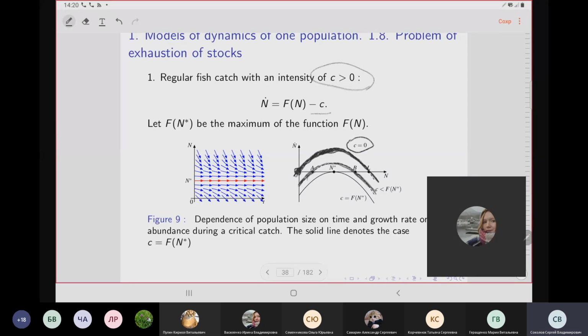Here, A and B are positive, and we see that there is still some region where n dot is positive. So the population will stabilize near the point B. But if the population drops lower than A, then we get the situation from the previous model, and the population will vanish.